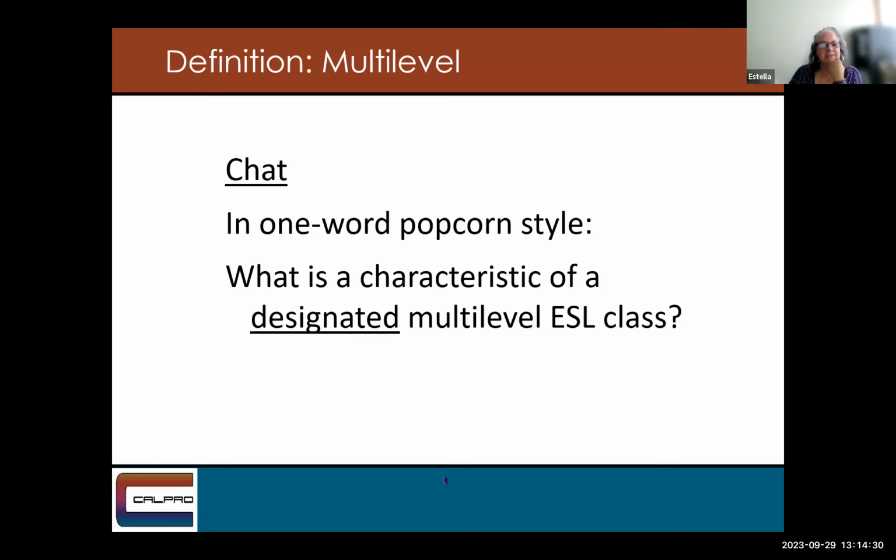Okay, so I have one answer so far. Anyone else? One word, popcorn style. What is a characteristic of a designated multi-level class? Okay, good. I have a second one. Very good. Couple more. Very good. Any other thoughts?